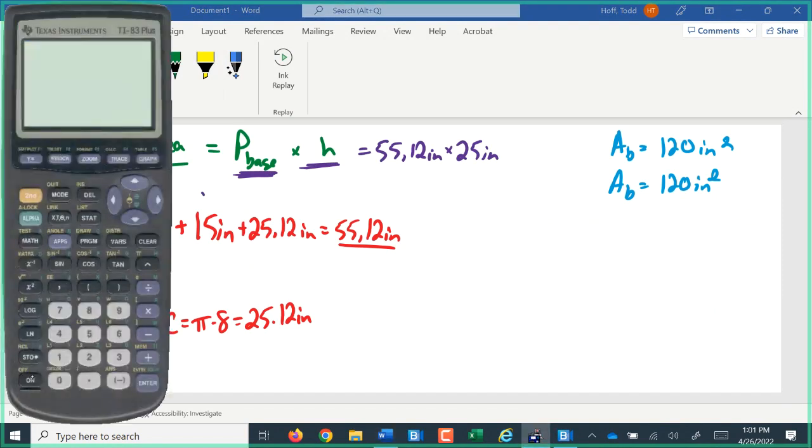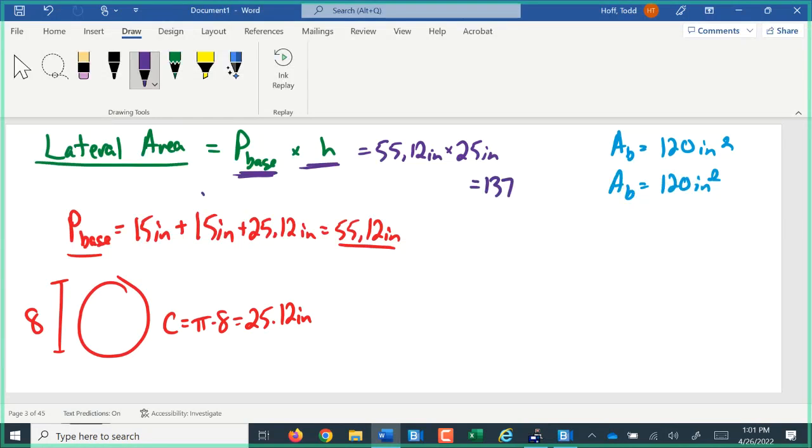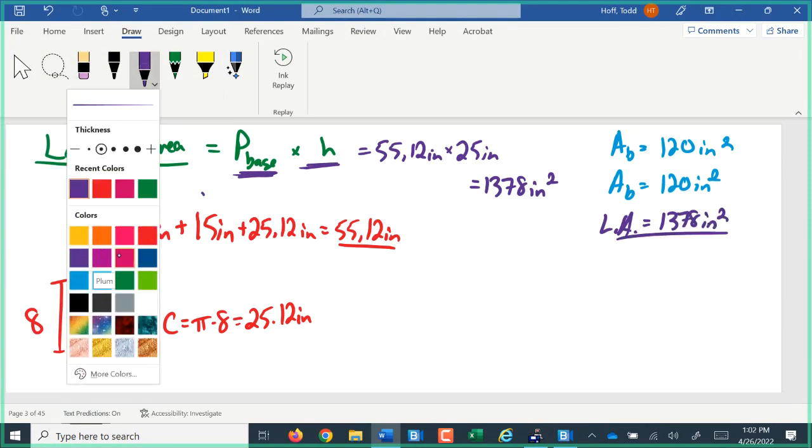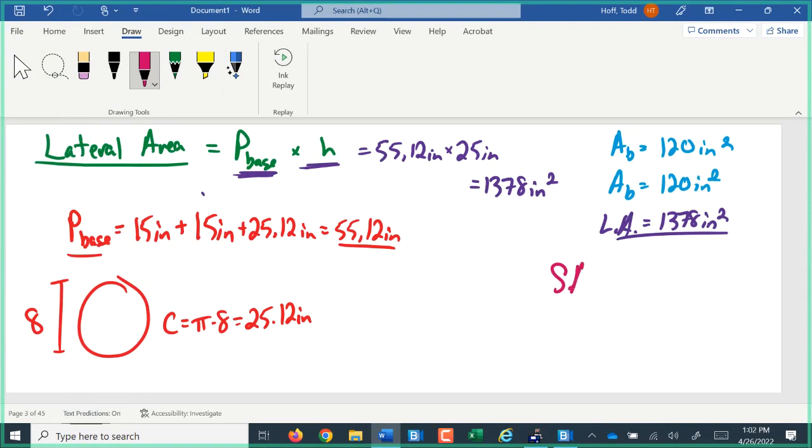I'll have the calculator for this one. 1,378 square inches. So lateral area here, 1,378 square inches. I add that all together to get a total surface area of 1,618 square inches.